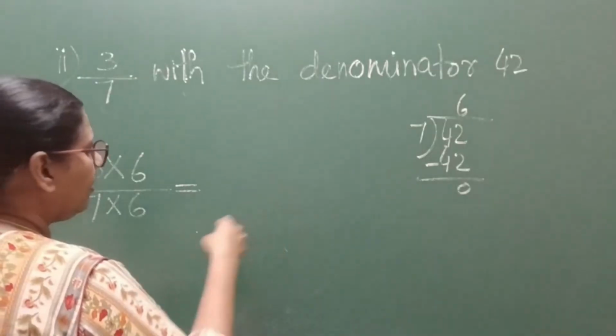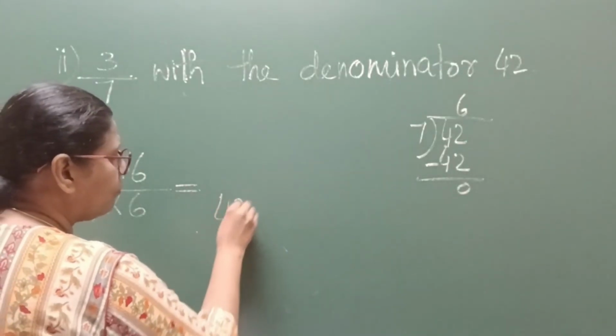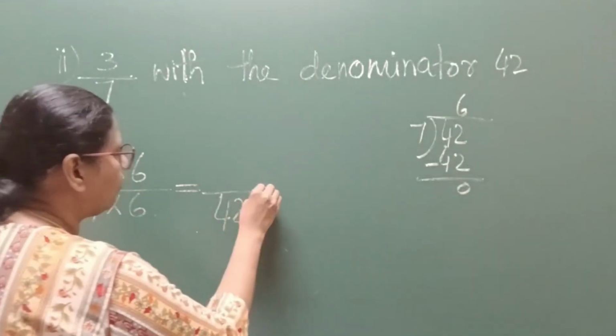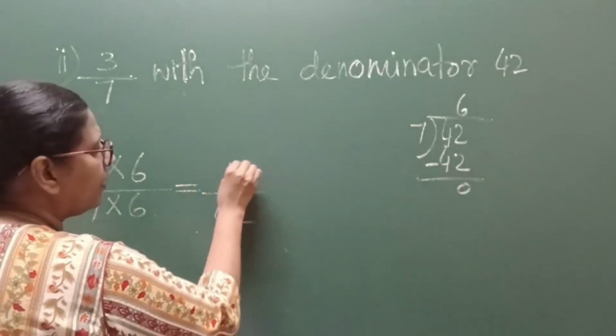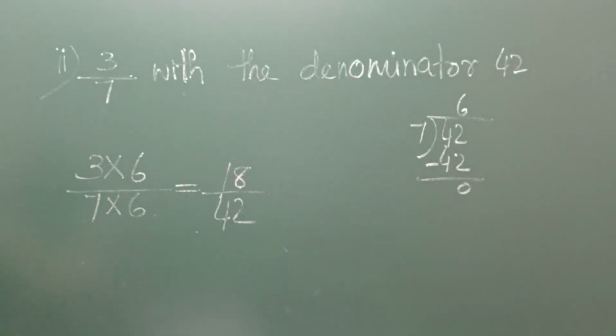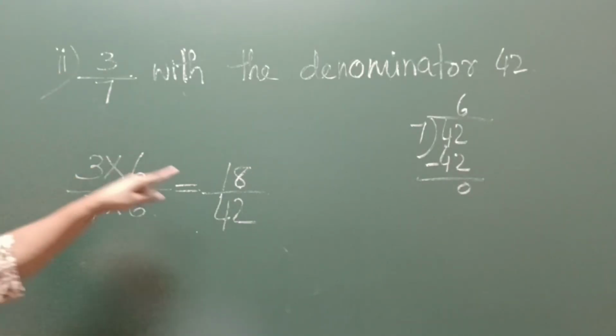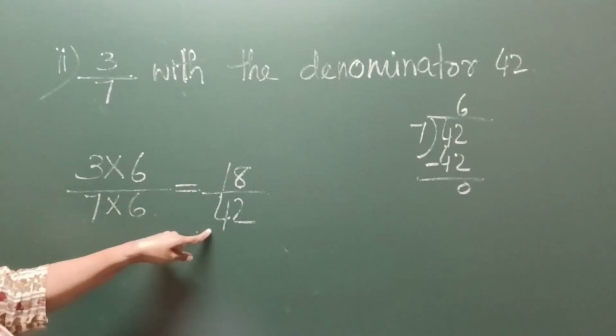The given denominator is 42, 7 sixes are 42. Now 3 sixes are 18. So the fraction equivalent to 3 upon 7 is 18 upon 42.